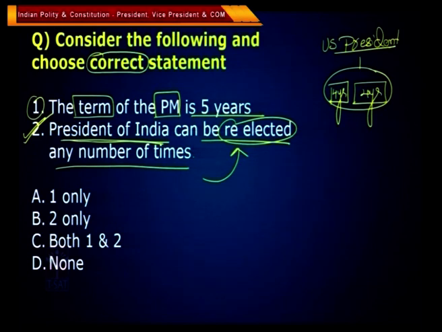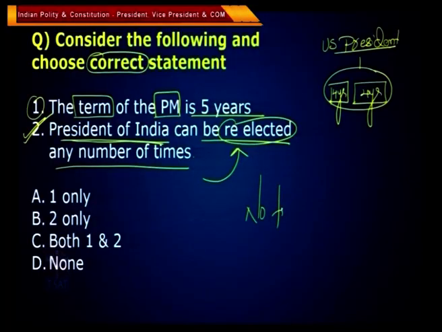Meaning, the President can remove the Prime Minister any time if he fails to prove his majority in Lok Sabha. Meaning, there is no fixed term for Prime Minister. This is a wrong statement. Why? There is no fixed term for PM.